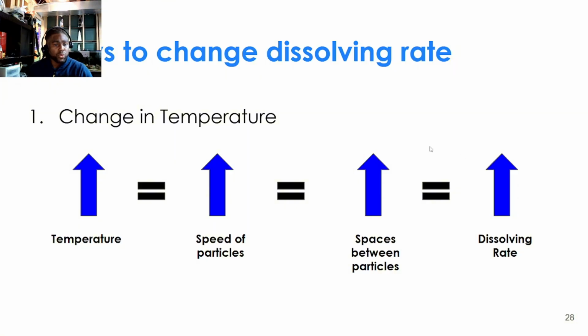Okay, so here are 3 ways that you need to know that we can change the rate of dissolving. So changing the temperature, if we increase the temperature, we increase the speed of particles, we increase the spaces between them, we increase the dissolving rate.